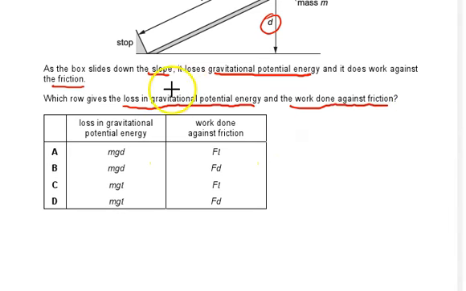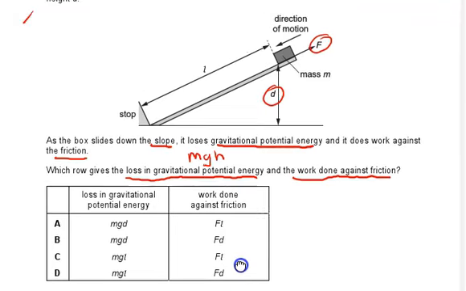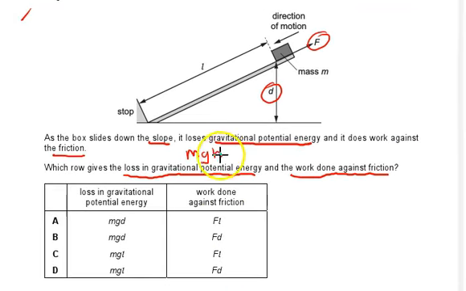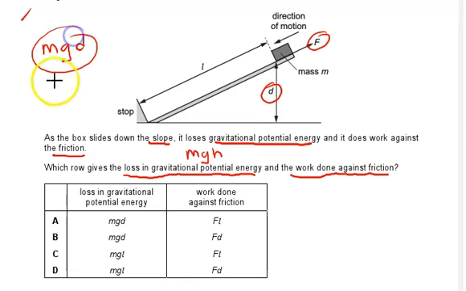Now the formula for gravitational potential energy is m, g and h. If you look closely, the height here is replaced with the D, so it should be m, g and d. This is the gravitational potential energy.